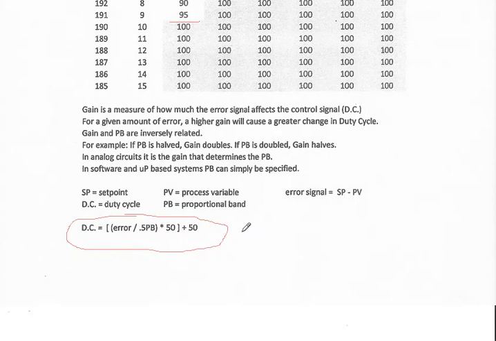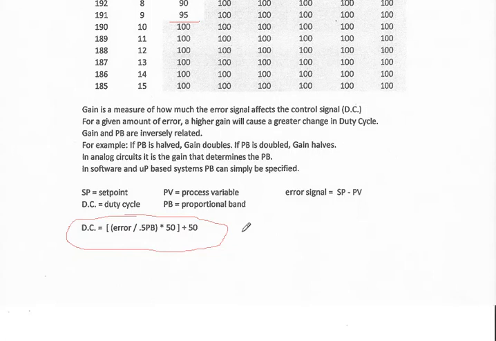I think whenever I try to do that, it comes under the category of so simple it's hard, because I can talk myself in circles when I'm trying to deal with percent change causing a percent change. The percent change is the percent of the span, and the proportional band is also a percent of the span, and the change in the process variable is a percent of the span.